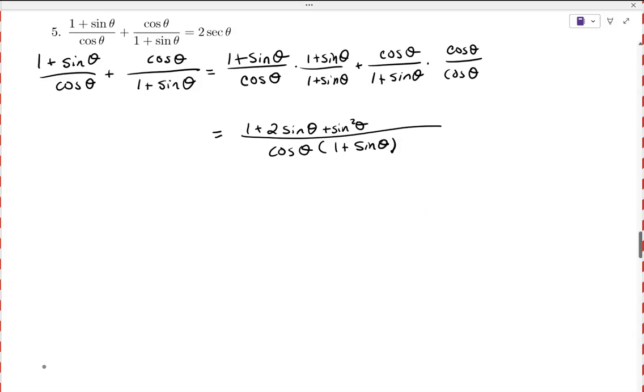Okay. And what do you get when you multiply the cosines? We just get cosine squared. Yeah, so when you FOIL, distribute, whatever you want to call it, for the numerators, if I multiply my 1 and my 1, my 1 times my sine, and my sine times my sine, that's what we get for that one.